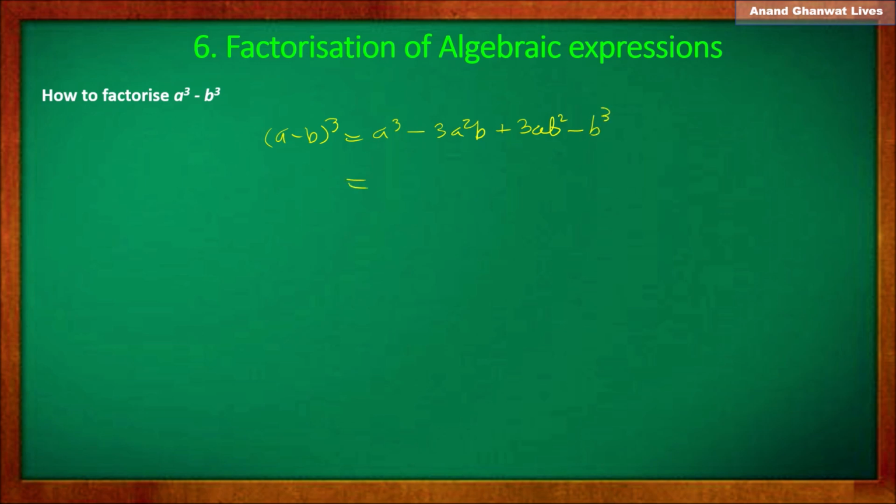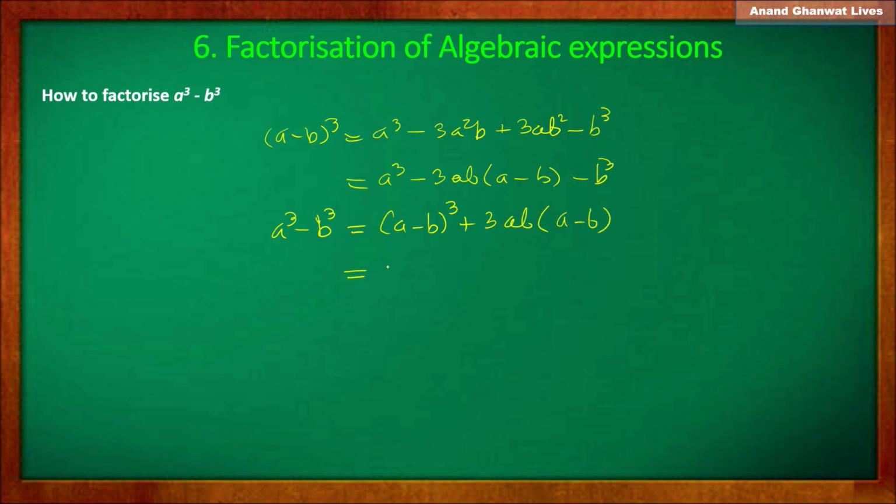Now it is equal to a cube minus 3ab into bracket a minus b, and minus b cube. So a cube minus b cube is equal to (a minus b) its cube plus 3ab into bracket a minus b.